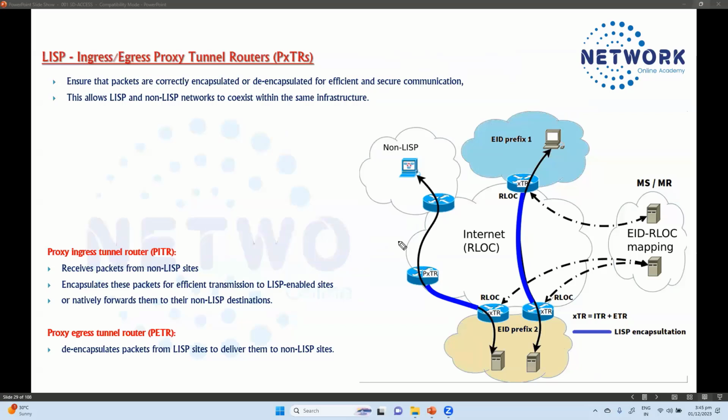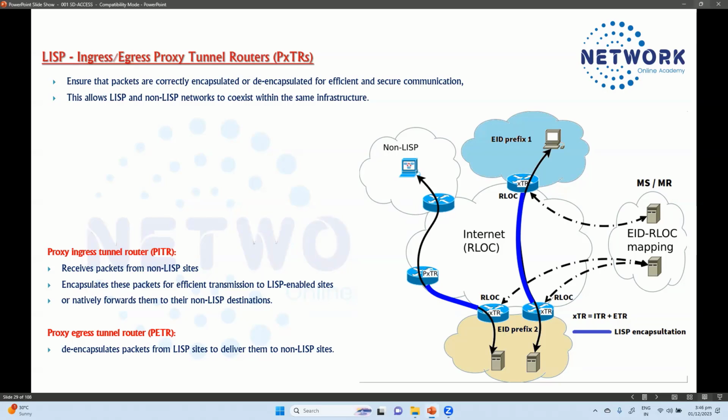A quick review of the ingress: it receives the packet from a non-LISP site, as we discussed. Its job is to encapsulate the packet to send the traffic to the LISP enabled sites, or it can natively forward to any non-LISP destinations, which is typically what we call normal routing.